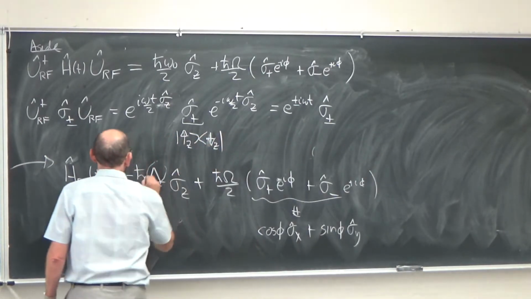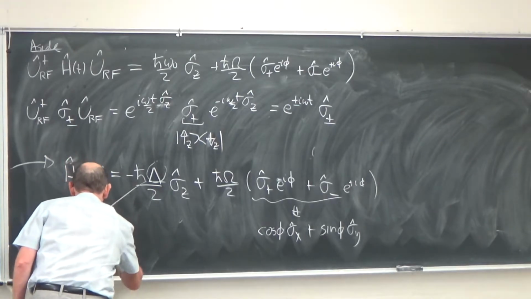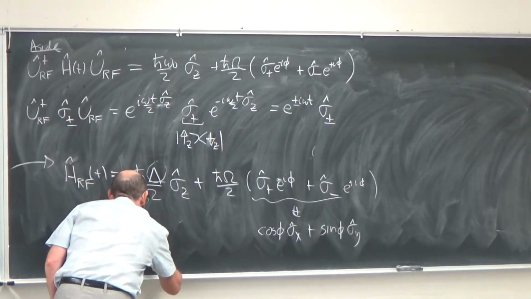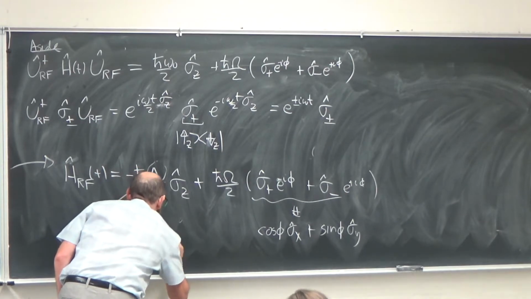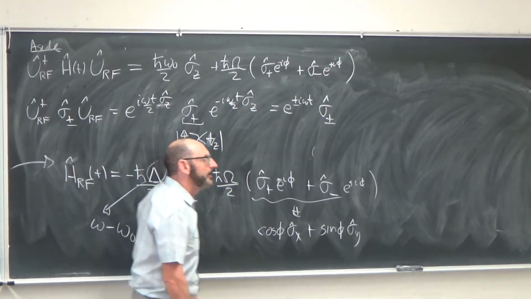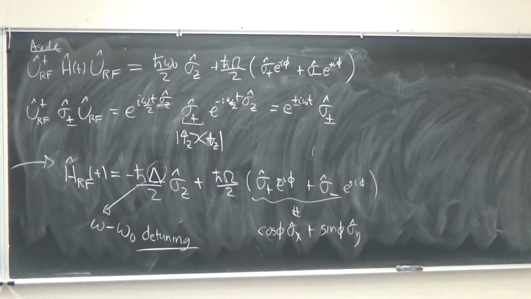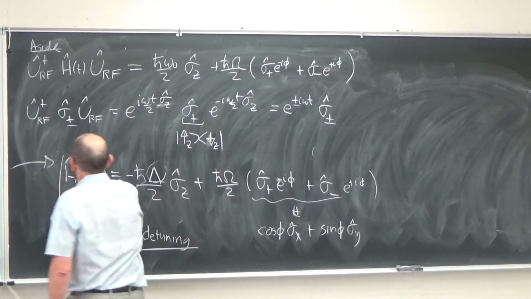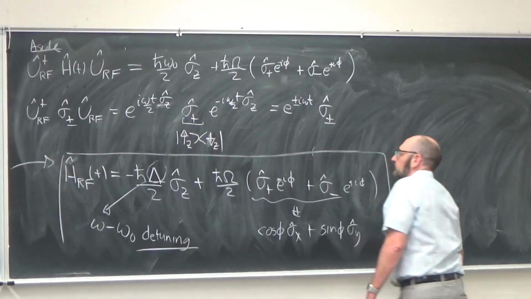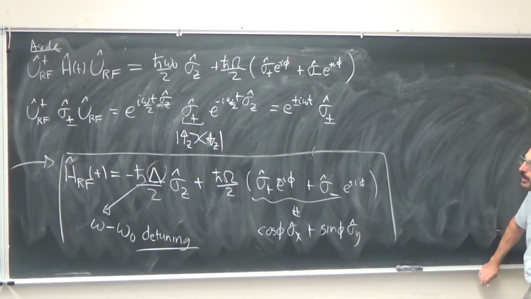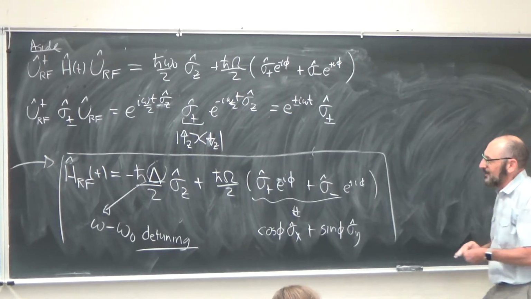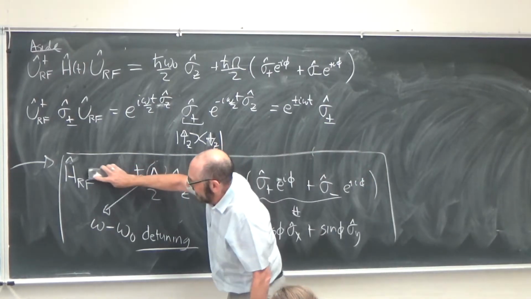Delta is omega minus omega naught, as we've said, the detuning. The detuning is the applied frequency minus the resonance frequency. The applied frequency minus, that's our sign convention. Okay, so what we have done by going into the rotating frame is made our Hamiltonian static.